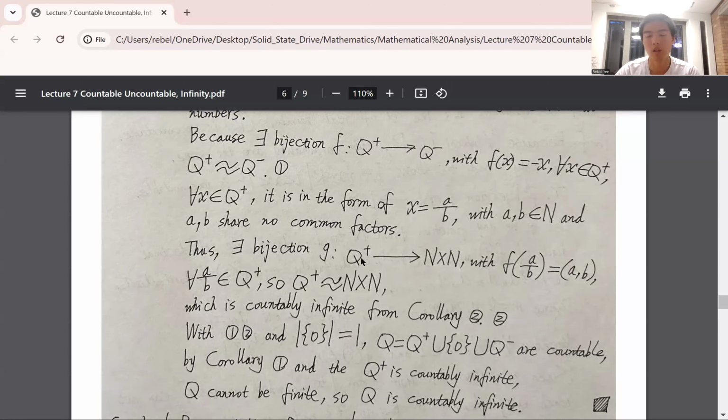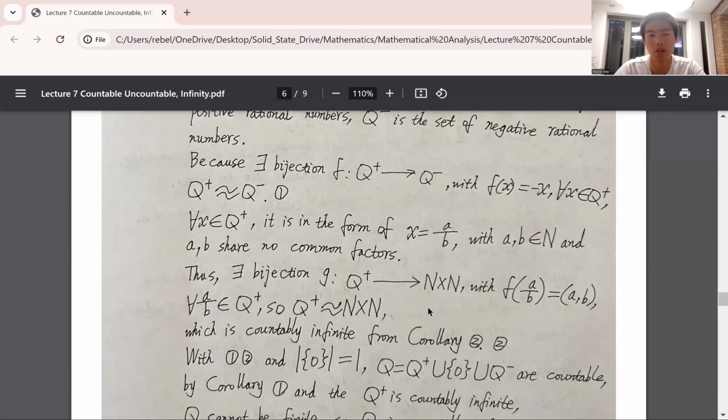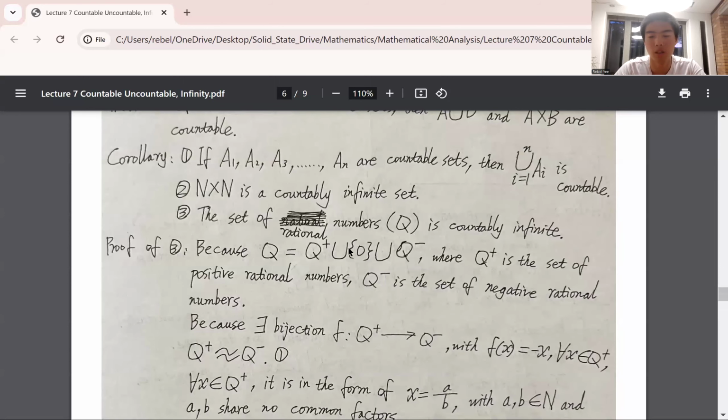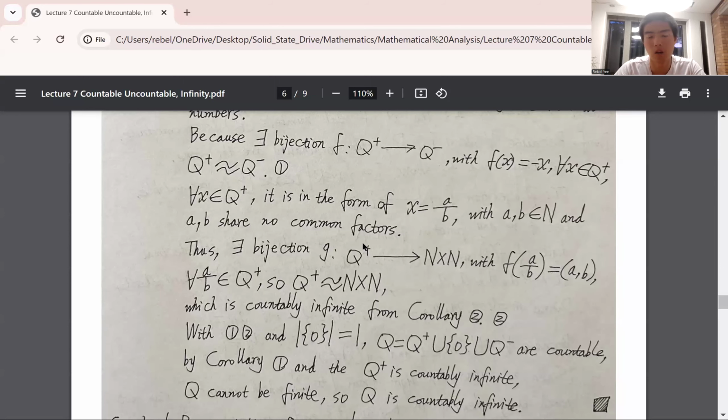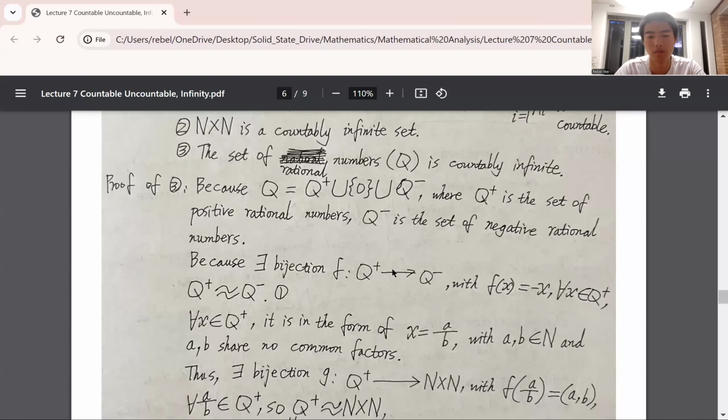And there's a bijection from Q plus to N multiplied by N. This is because we can find the map: A divided by B goes to (A, B), for all A, B in the set of Q plus. So Q plus has the same cardinality as N Cartesian product with N, which is countably infinite from corollary 2 as we saw here. So the positive rationals are countably infinite.